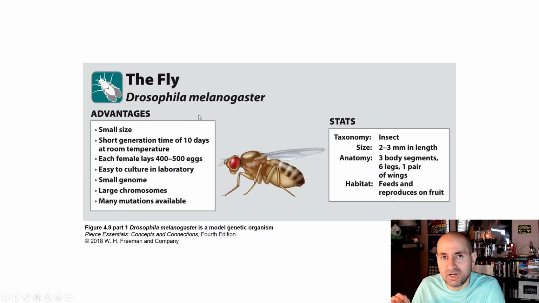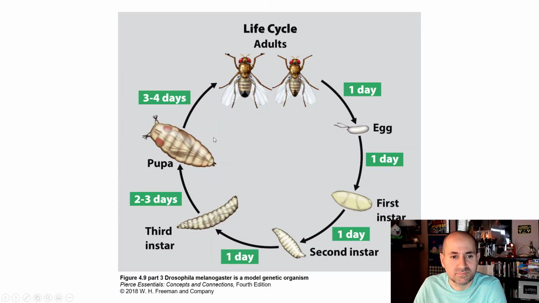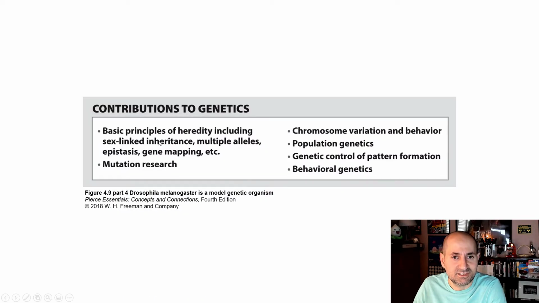And again, why the fruit fly? The fruit fly is great because it is a great model organism. It's small in size, it has a great reproduction time, it has a lot of offspring, etc. This is the life cycle of a fly. You don't really need to know this in too much detail, but this just highlights why we use flies so commonly in population genetics and in all kinds of mutation research.